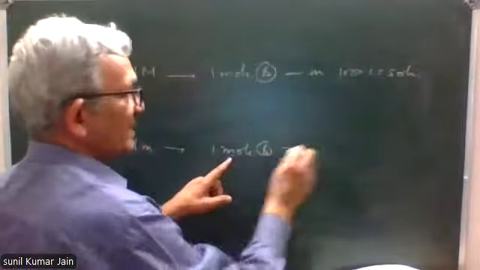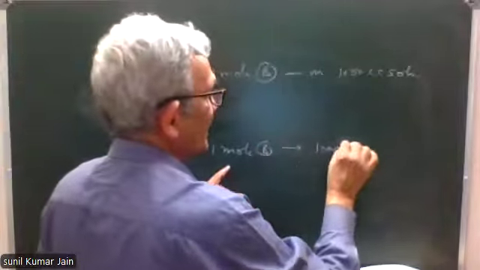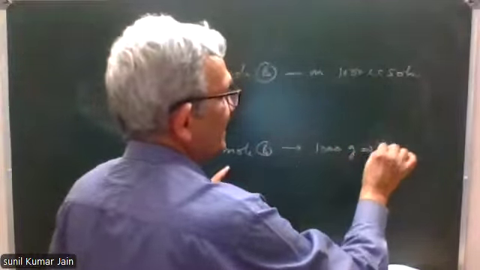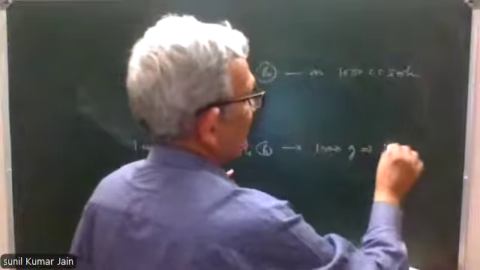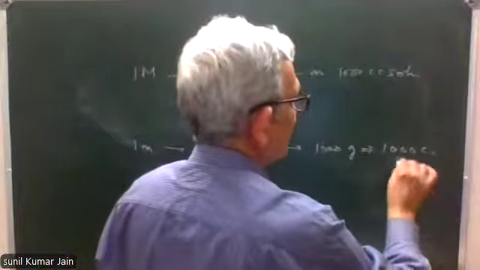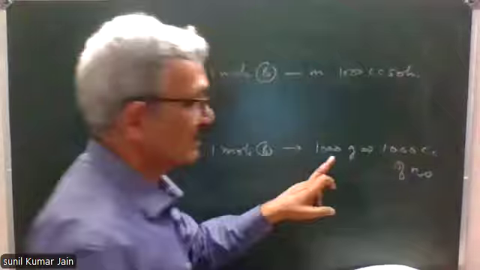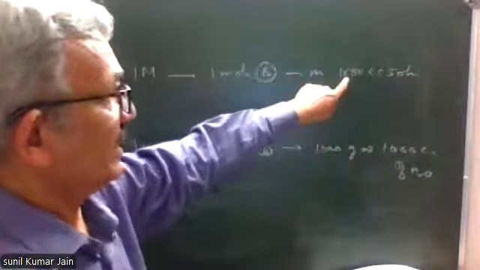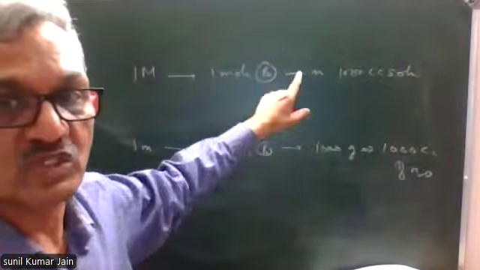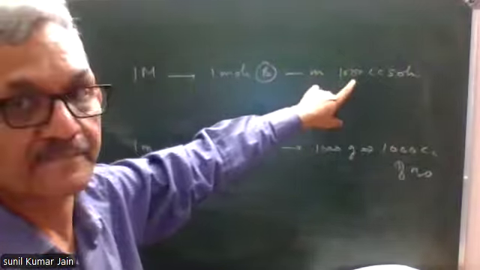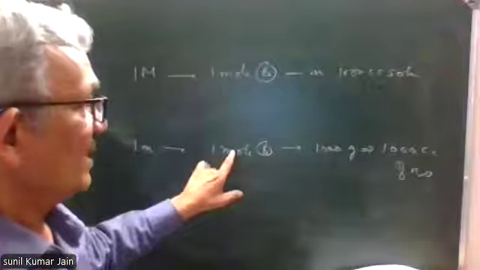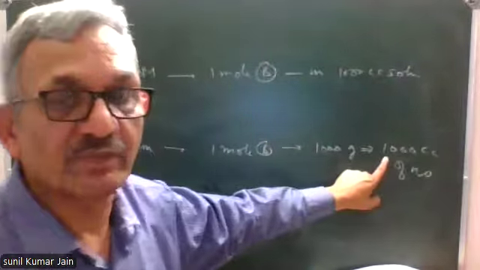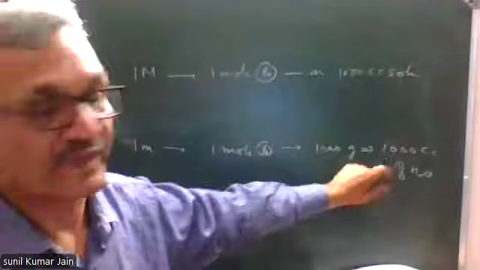In the molal solution, this is present in 1 kg, or I can say 1000 cc of water, right? 1 kilogram of solvent. Solvent is water. Now here, the total volume of solute and solvent is 1000 cc, whereas in this case, only the volume of solvent is 1000 cc.